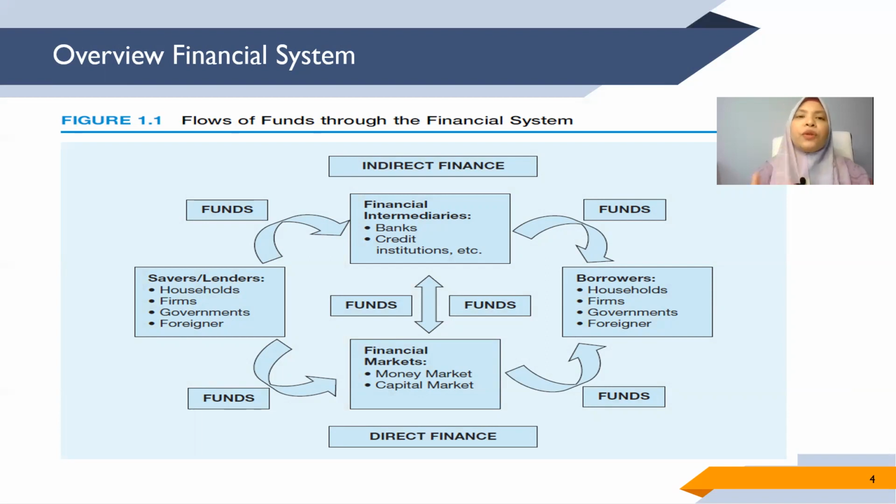It's different from indirect finance, where the financial intermediaries are the bank and credit institutions. When the savers have extra money, they will go to the bank and make a deposit with the financial institution. So that's how banking institutions make money. As simple as that.